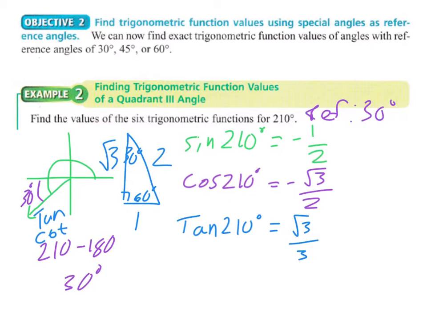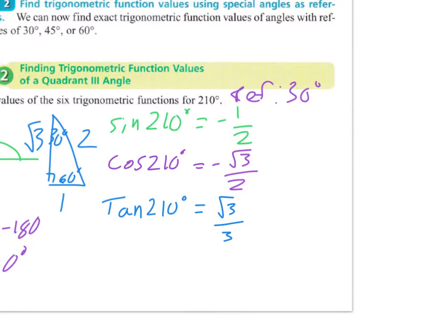The other trig function values we could find as well. The reciprocal for the sine is the cosecant, so cosecant of 210 degrees, again, would also be negative. Again, my reference angle is the 30 degree angle. Cosecant being the reciprocal of sine would be hypotenuse over opposite, so 2 over 1, so in this case just a negative 2.